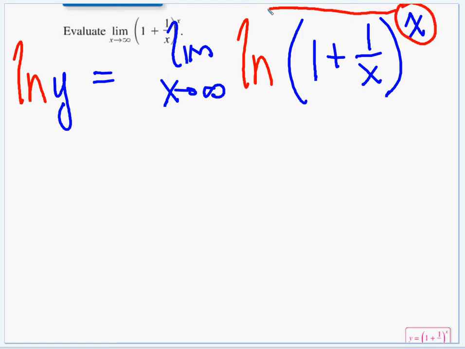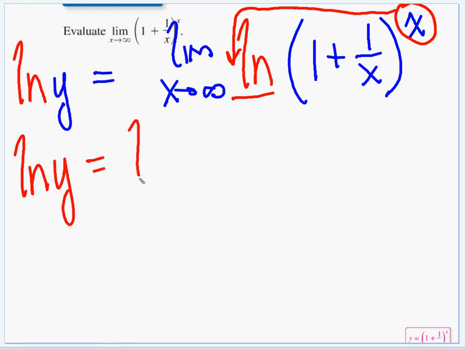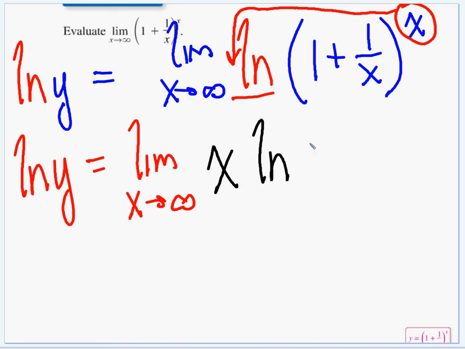It's given us trouble while it's up here, so we're going to bring it down and put it in front of the natural log. So the natural log of y is equal to the limit as we head x off to infinity of, and let me go back to a different color ink, x natural log of 1 plus 1 over x.